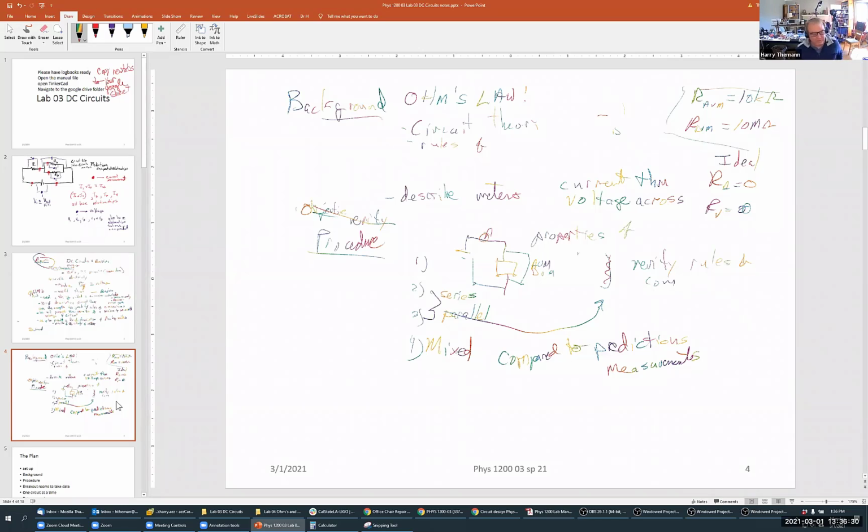Well, the predictions are where you say, look, we have the circuit theory, we have the rules of combination. All of these things have turned out to be true in parts 1, 2, and 3. And so now at the end, we are going to use all that information to predict that this current and that current will have this relationship, and this voltage and that voltage will have this other relationship.